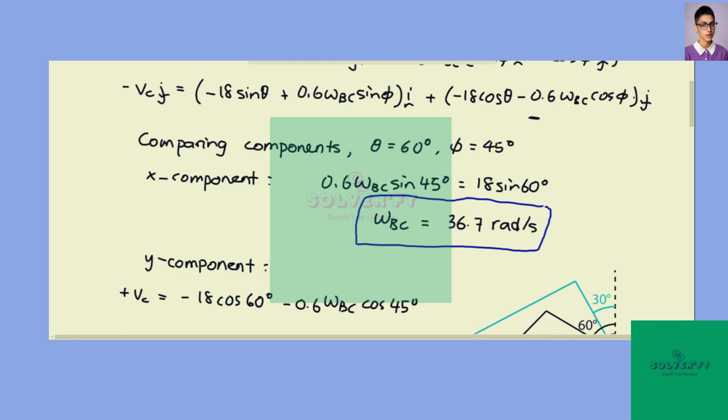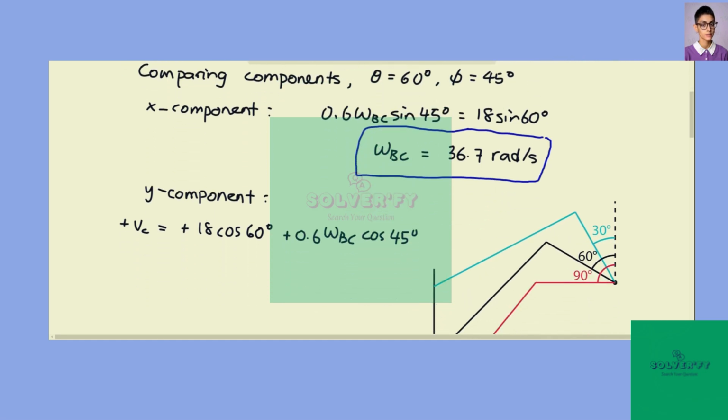You can take out the minus sign, and then you find that VC is equal to 24.6 meters per second. So the VC vector will be minus 24.6 J meters per second.